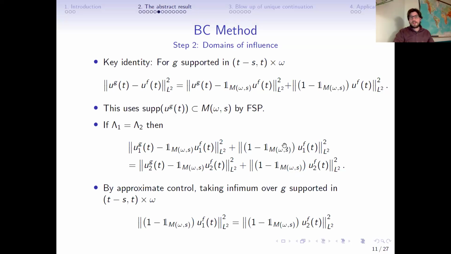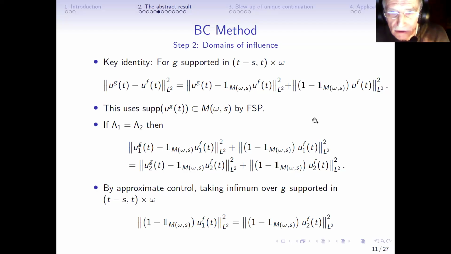And the key part is that this quantity here is independent of G. And since by approximate controllability, I can be as close as I want to any target in here, when I take the infimum over G of this quantity, it's going to be just this positive thing, which is independent of G. And if I take the infimum for the right-hand side, the same thing is going to happen. And these two are equal, so the infimums have to be equal as well.